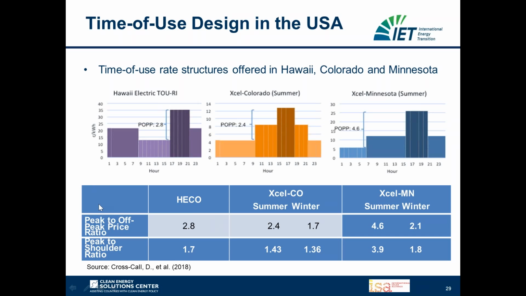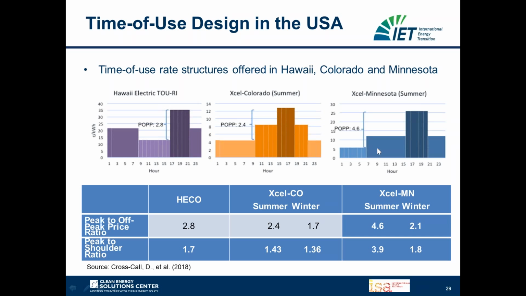We see here the difference between off-peak and peak periods. You can see a large variation here. In Hawaii, it's only a factor of 2.8, whereas in Minnesota, during the summer, you see quite a big difference, which is partly due to the fact that during the summer months, of course, you have a lot of electricity consumption that is used for air conditioning.